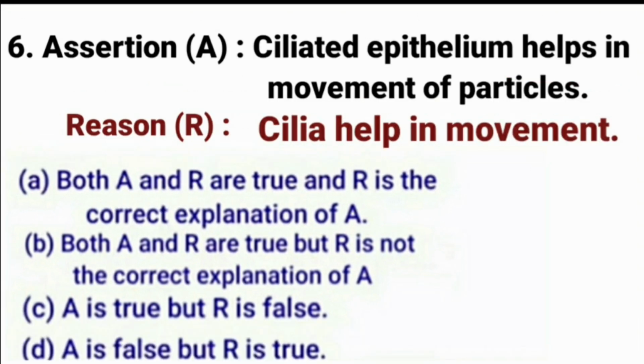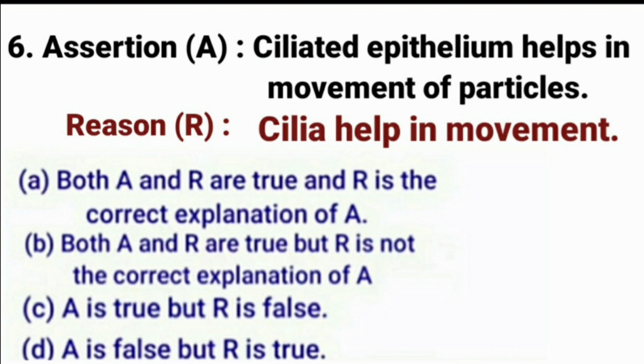Next question, assertion: ciliated epithelium helps in movement of particles. Reason: cilia help in movement. Here both statements are true. Ciliated epithelium helps in movement of particles because cilia help in movement. The function of the cilia is to move particles or mucus.